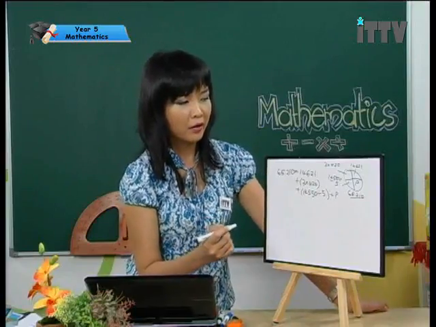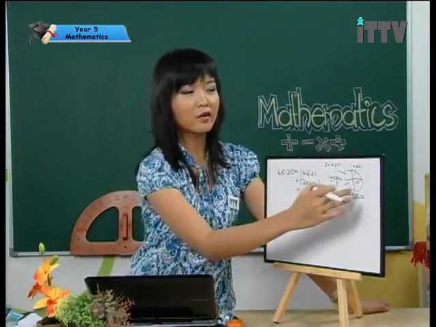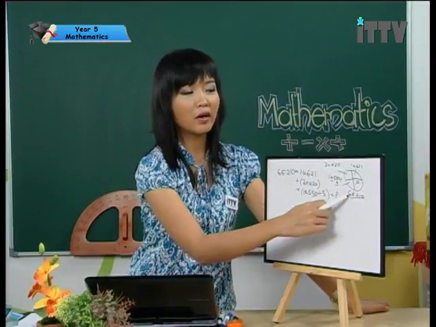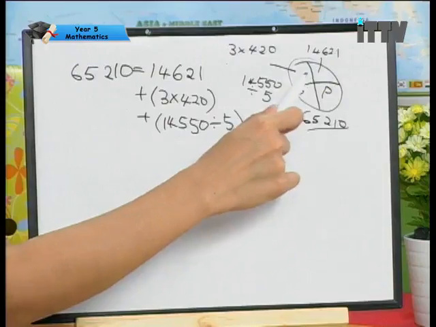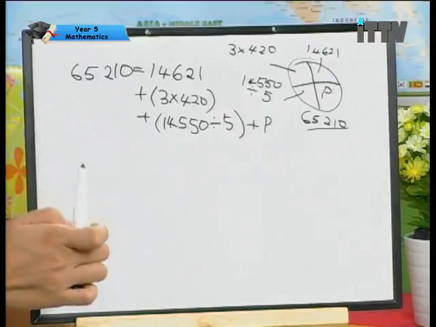Okay? Now, do you still remember when we used the big biscuit to find out the missing piece? What did we do? We take the whole number and minus off the other 3 pieces so that we have the missing piece. Okay?